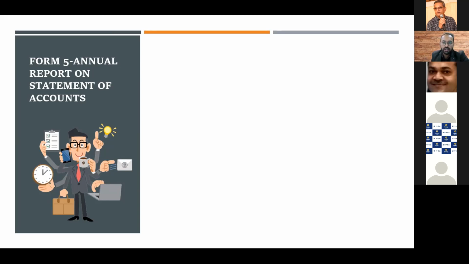Earlier this certificate was for utilization and withdrawal, but now they have added the word deposit also in the subject clause. So this report on statement of accounts is on project fund deposit, utilization and withdrawal. In Form 3, deposit, utilization and withdrawal. So both are commenting on the same thing and their roles have been increased.